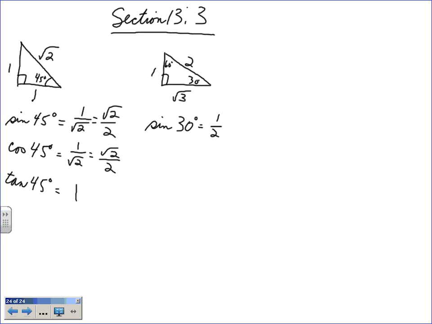What is the cosine of 30 degrees? Square root of 3 over 2. Who could tell me what the cosine of 60 is real quick? 1/2. Because?